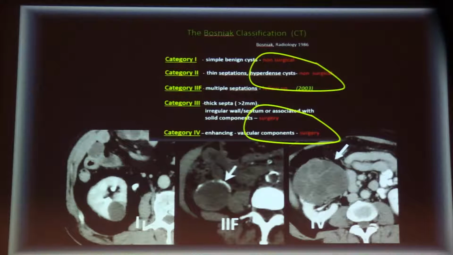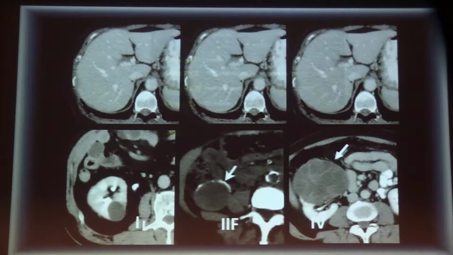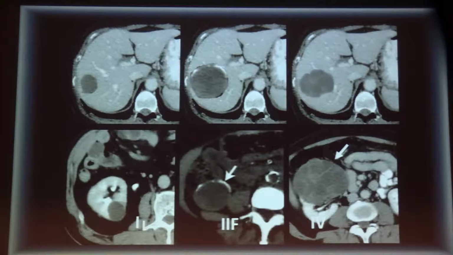components. But just imagine, and this is just to make a point because I'm not going to talk about renal cysts, just imagine that these cysts that you see here in the kidneys were located in the liver. It doesn't mean that a simple appearing cyst in the kidney, which is benign, will be benign in the liver.